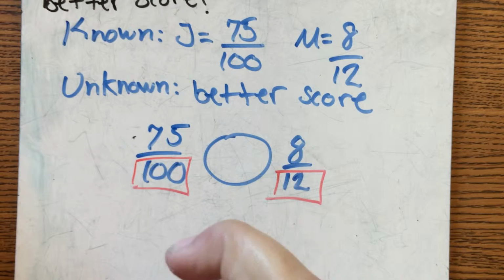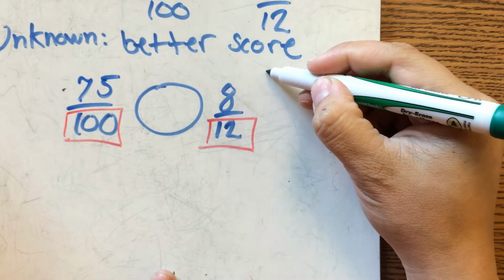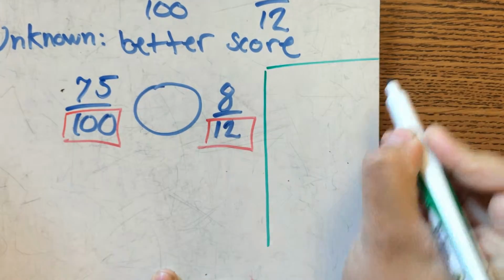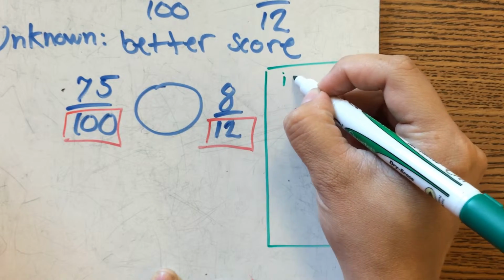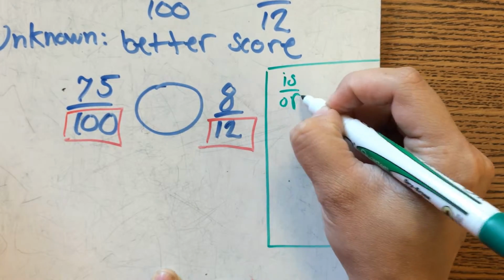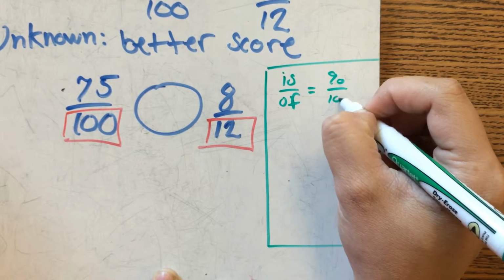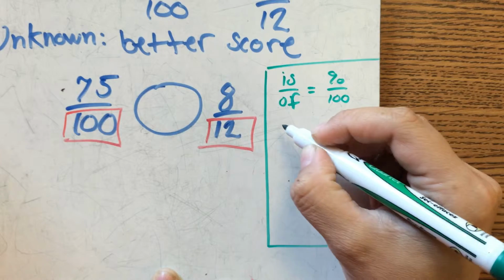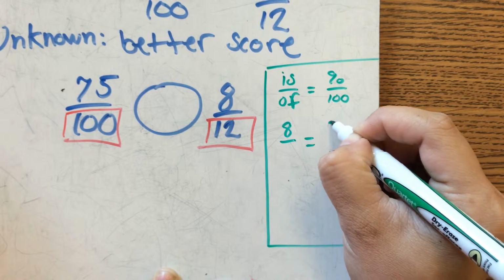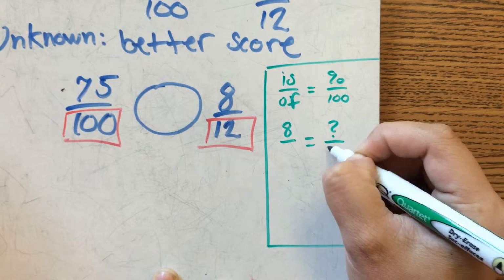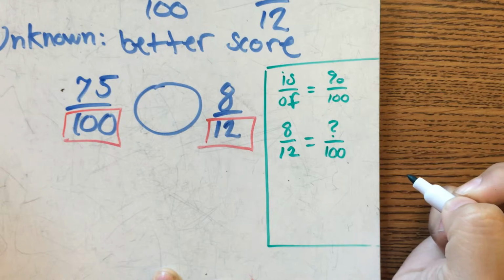If you remember the note that I gave you about percent, I'm going to do a little side note here. Whenever you're dealing with percents, I told you is over of equals percent over 100. I want to know 8 is what percent of 12?